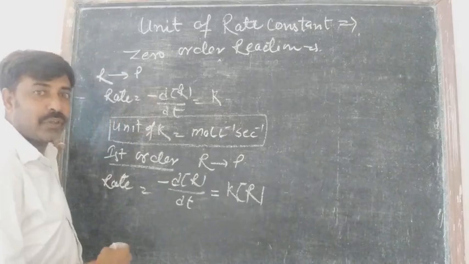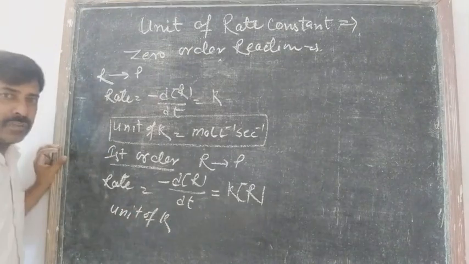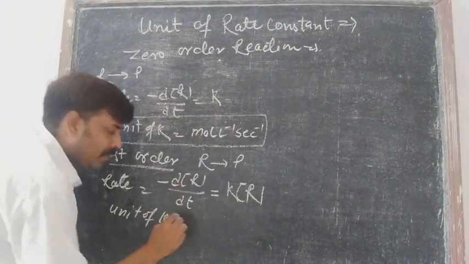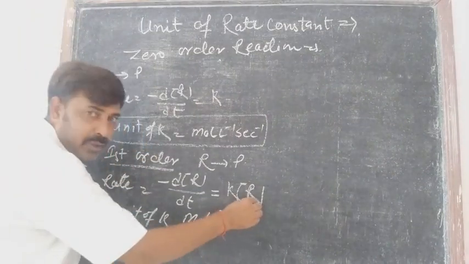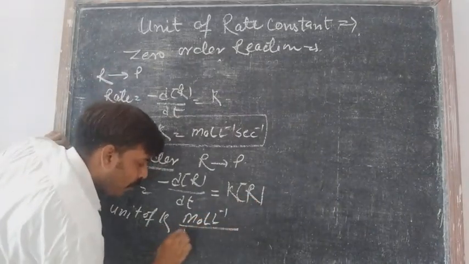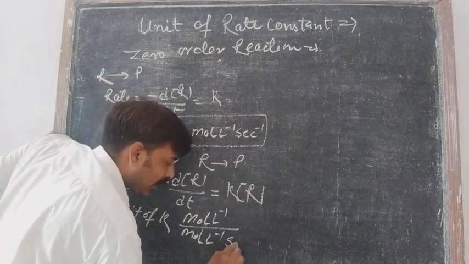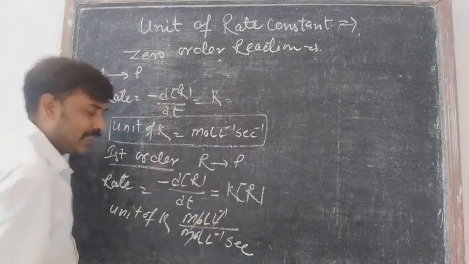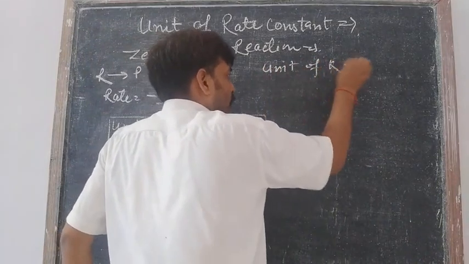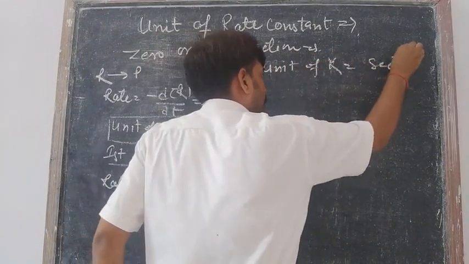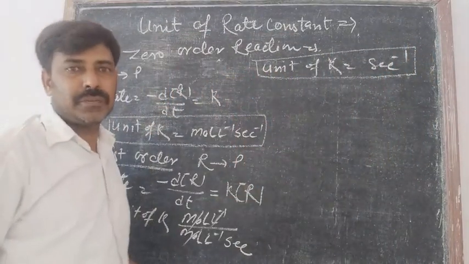When you try to find the unit of k, the unit of concentration of R is mole per liter, upon the unit of R, again mole per liter, and the unit of time, that is second. So mole per liter cancels out, and the unit of k will be second inverse.